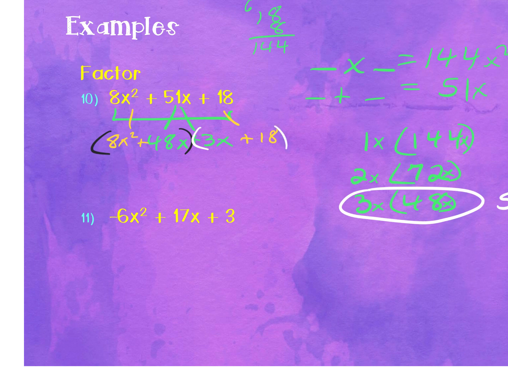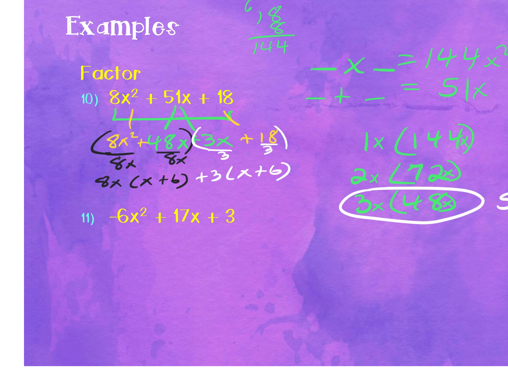I'm looking for a greatest common factor between 8x squared and 48x, and that GCF is going to be 8x. I'm going to divide. And then now I'm looking for a GCF between 3 and 18, and that's going to be 3. Divide.